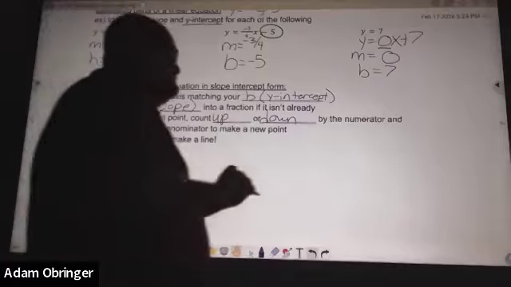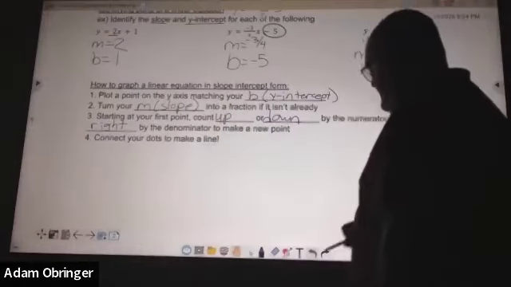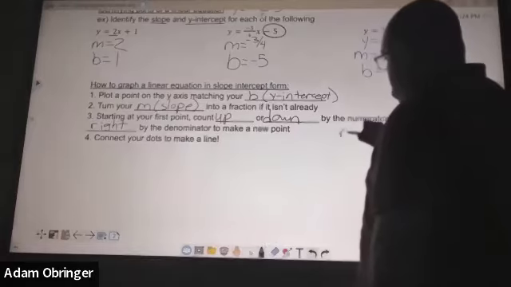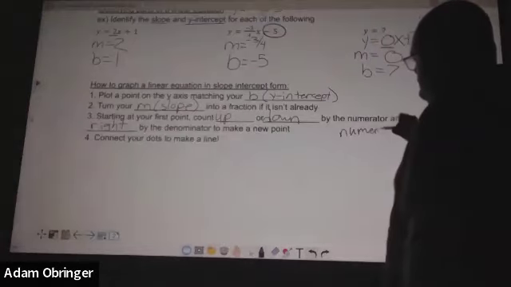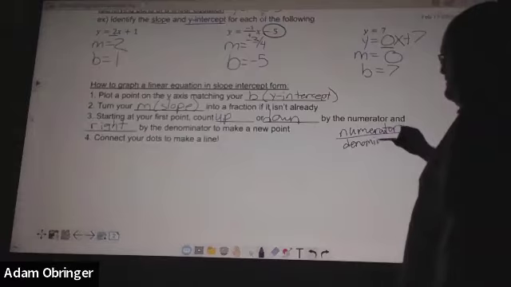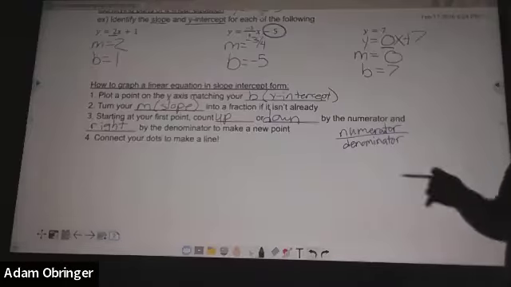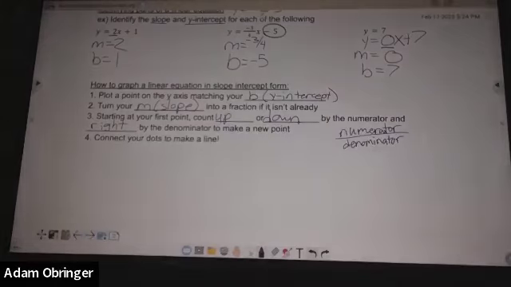As a reminder, since we wrote it as a fraction before, every fraction is really in the form numerator over denominator. Just as a reminder of what those words meant. So the top number is going to tell you up or down.